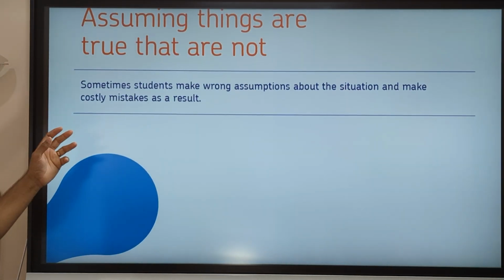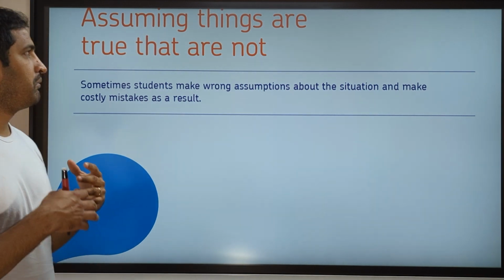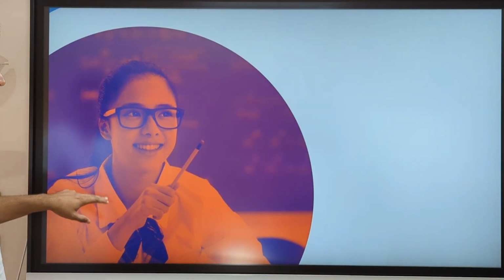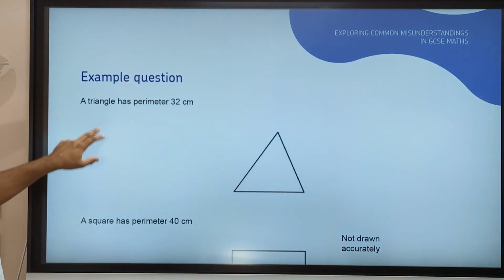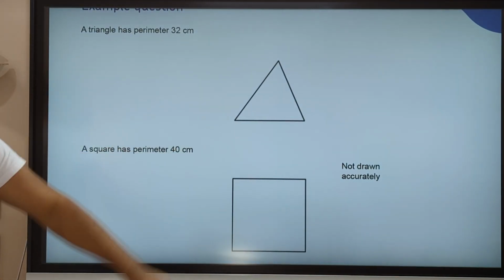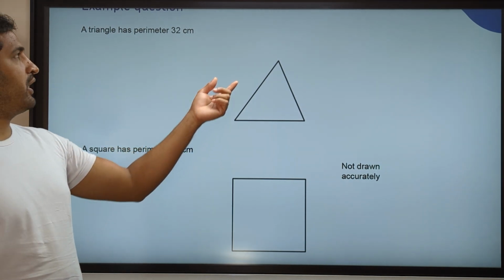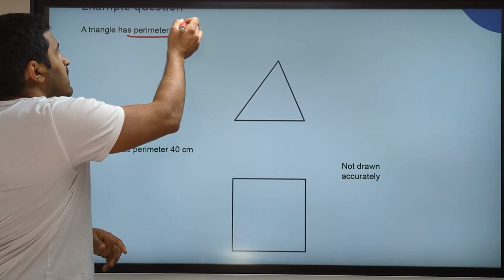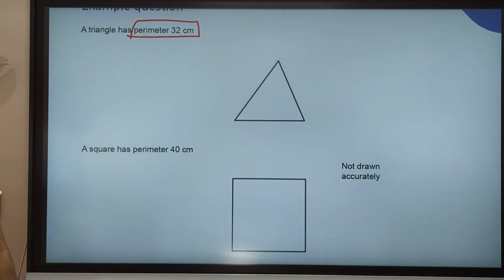And assuming things that are not there and not true. So this question here, people might assume that this triangle that's given to you, with a perimeter of 32 centimeter.